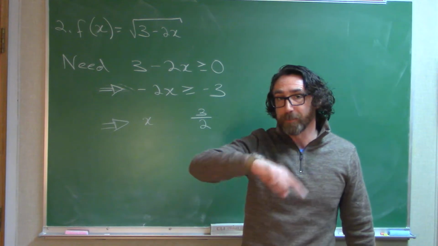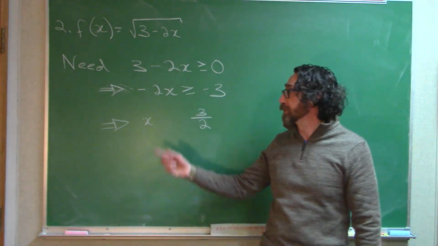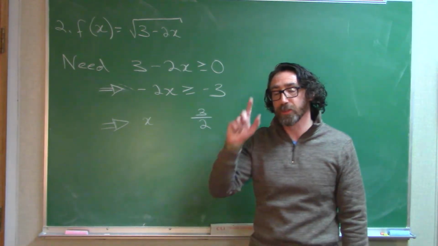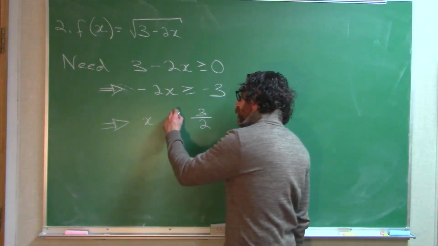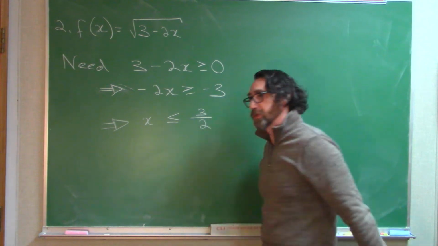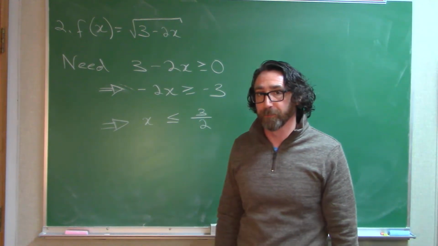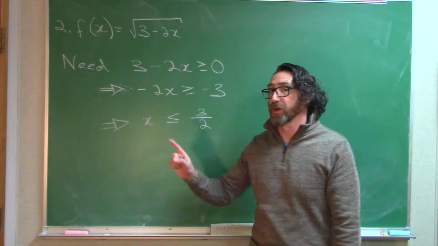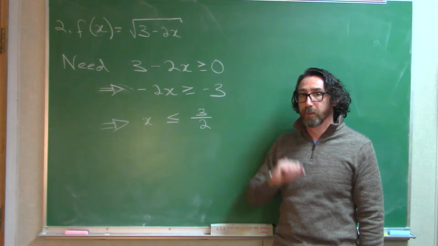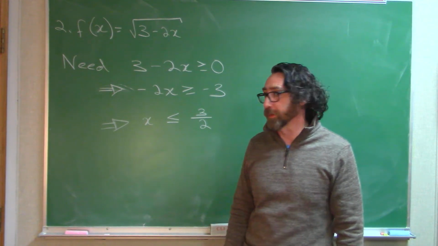Now, here's something you might remember from one of your previous math courses. If you have an inequality and you multiply or divide by a negative number, you have to reverse the direction of the inequality. If you multiply or divide by a positive, just leave it. If you multiply or divide by a negative, you have to reverse the direction of the inequality.